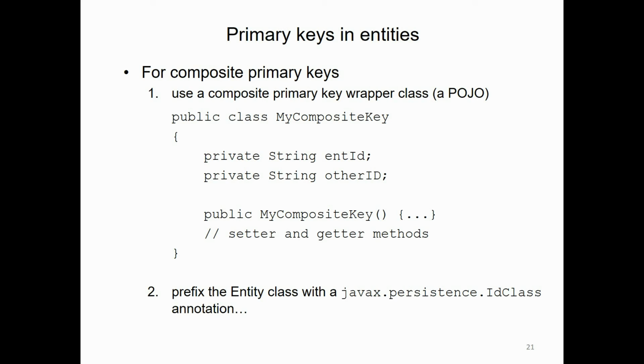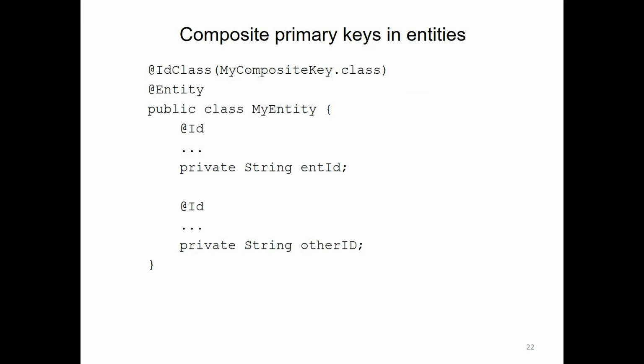What we can then do is to prefix the entity class with an ID class annotation as shown here. So public class myEntity has been annotated as an entity and also has been given another annotation, the ID class annotation, along with myCompositeKey.class.